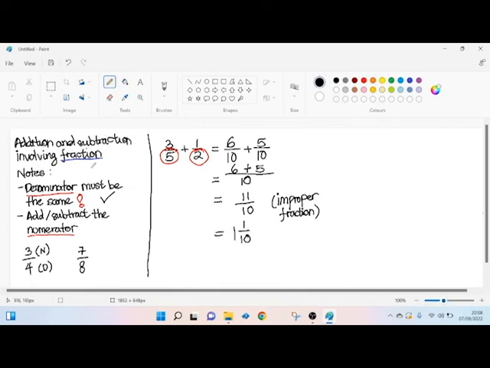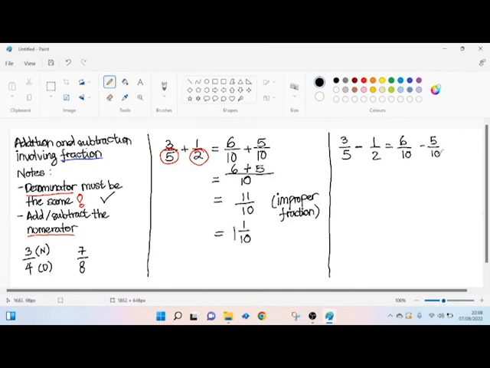The last one, guys. How about if we're dealing with a subtraction? We just use the same numbers. 3 over 5 minus 1 over 2. And you know we need to make the denominators the same, right? So we will copy this one like 6 over 10 and then minus 5 over 10.